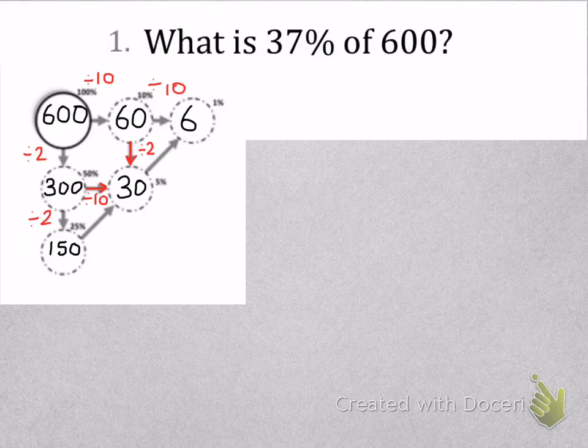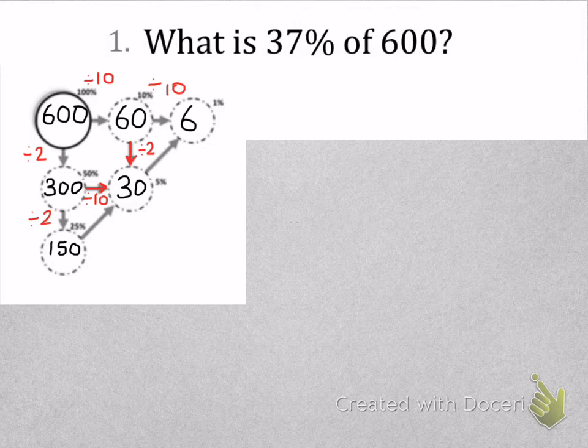So let's look now at our question, because now we want to work out what is 37%. That doesn't appear on my bubble, so I'm going to have to calculate it separately to make up that percentage. So how can I make 37%? Well, there's a few options. I'm going to show you 2 of them.